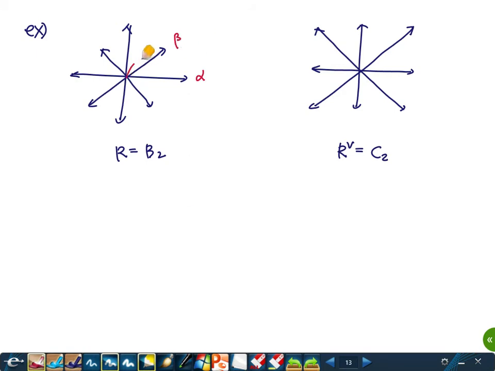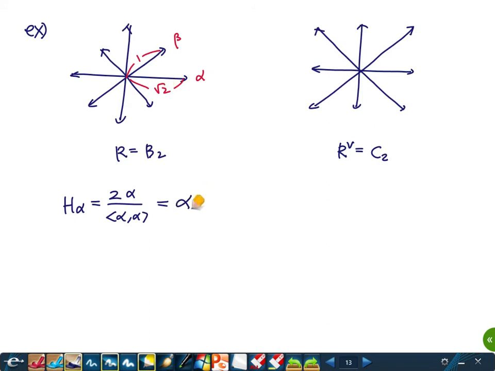The length here is 1 and this length is square root of 2. What is H alpha? H alpha is, by definition, 2 alpha over alpha comma alpha. Alpha inner product with alpha is the length squared, which is 2, so it's just alpha.